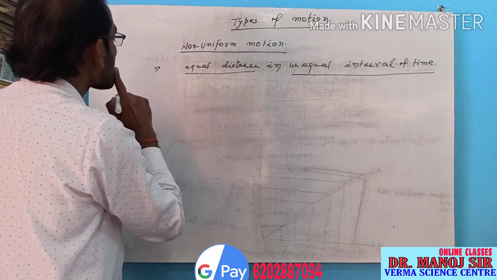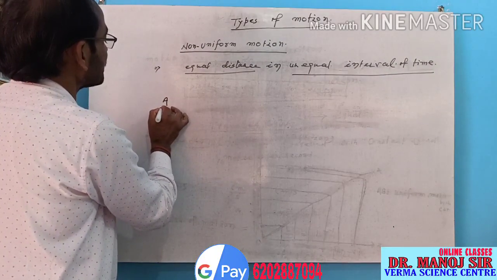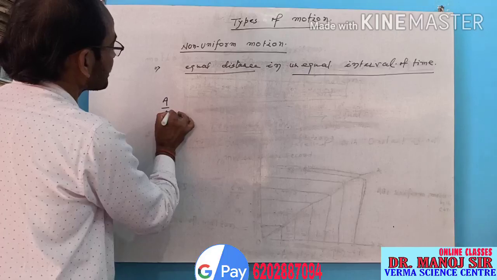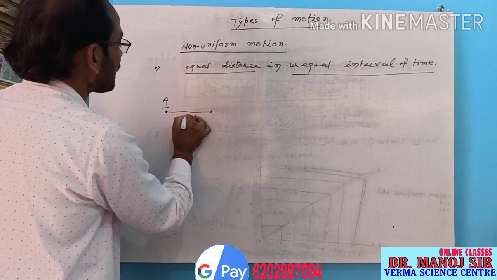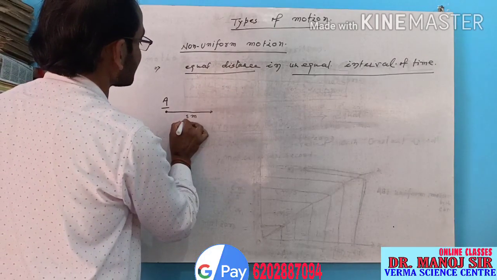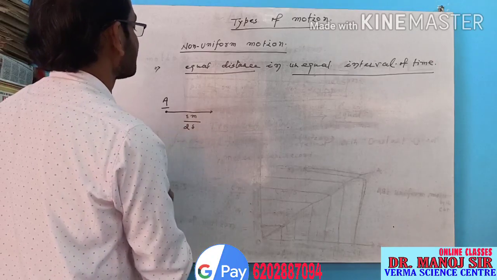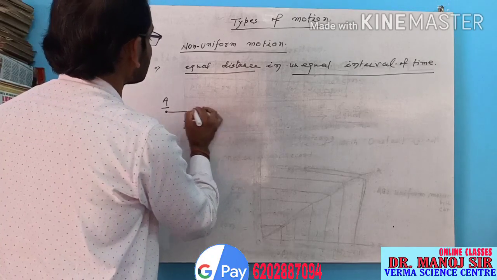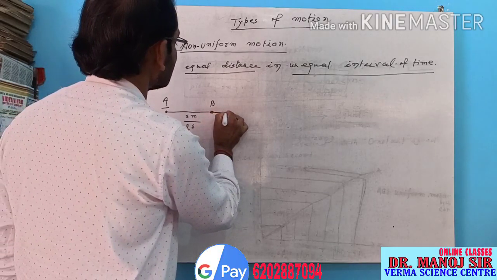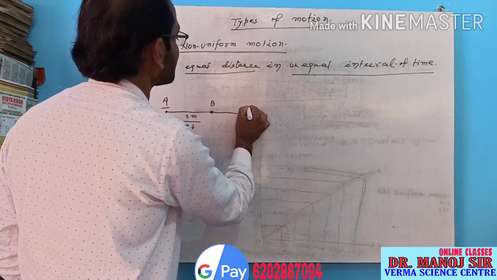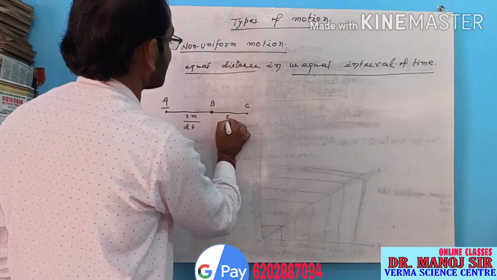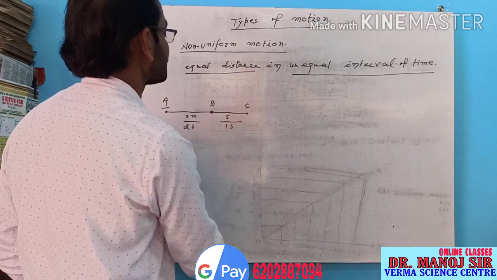For example, from a reference point a body travels 5 meters and takes 2 seconds to reach a point B, and then it travels 5 meters to reach point C in 1 second.